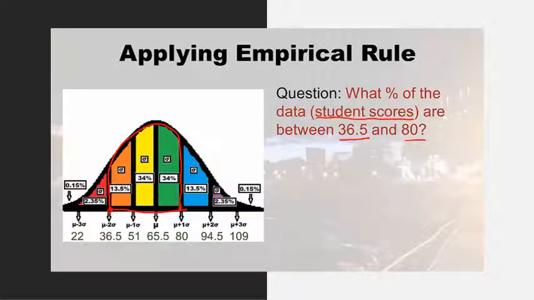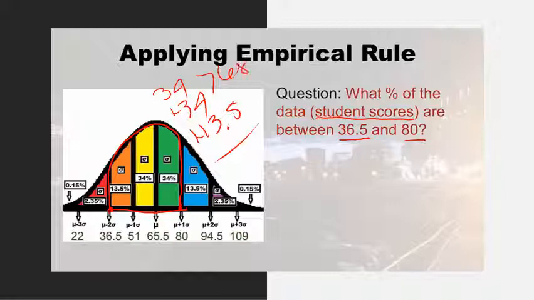How would you figure that out? You would go 34 plus 34 plus 13.5, because you know that this is 68.